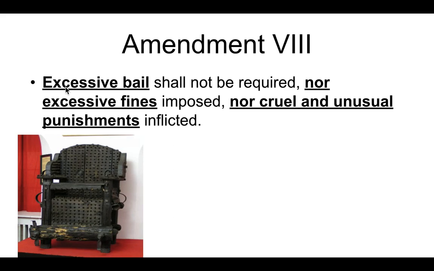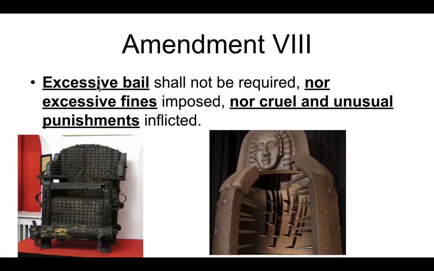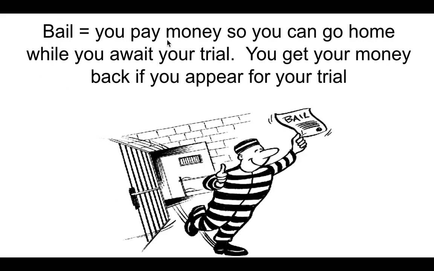Excessive bail. Excessive means too much. So bail is simply money you pay so you can go home while you wait for your trial. You get your money back if you appear for your trial. Okay, that's bail. The judge will set a reasonable amount. If you're a super billionaire, he might set it kind of high. If you did a really terrible crime, that also might be kind of high.